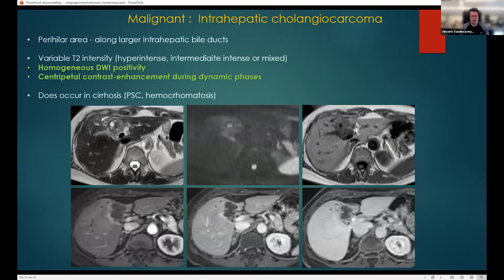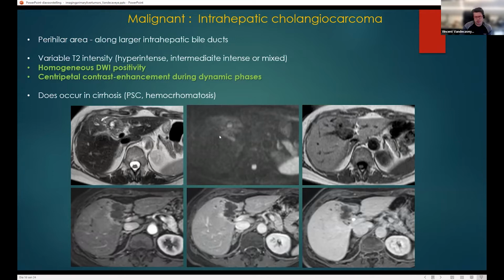So when I start, the least difficult one is intrahepatic cholangiocarcinoma because it has quite specific patterns. This is the mucinous type cholangiocarcinoma. As you can see, it is more perihilar to peripheral in location. It is rather hyperintense on T2.